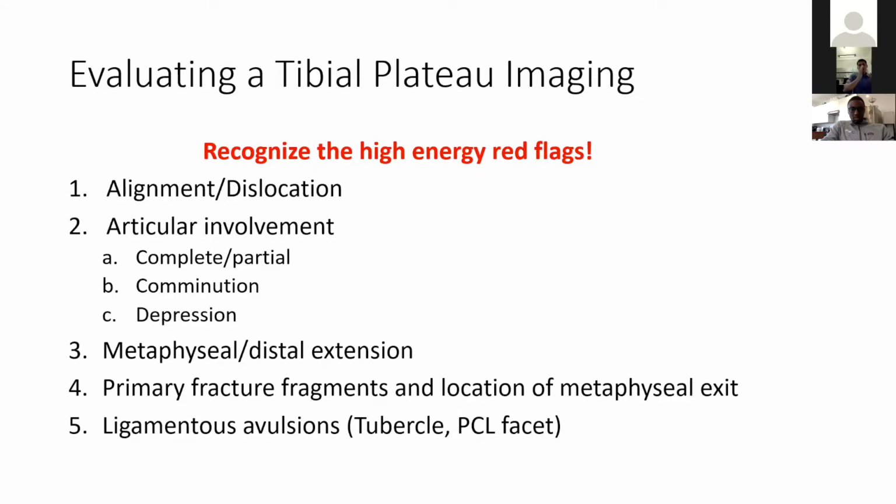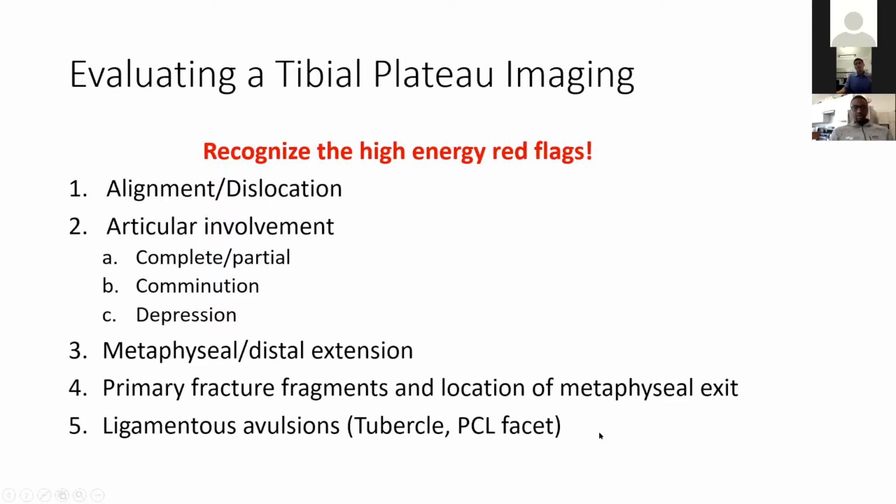So there's a spectrum of where it is predominantly a tibial plateau fracture and where it is predominantly a knee dislocation, and you need to recognize those subtle differences. It's not crazy important. You just need to recognize whether it's a reduced joint or not. But you can start to see subtle things like ligamentous avulsions that tip you off to this being more in the camp of ligamentous knee injury.